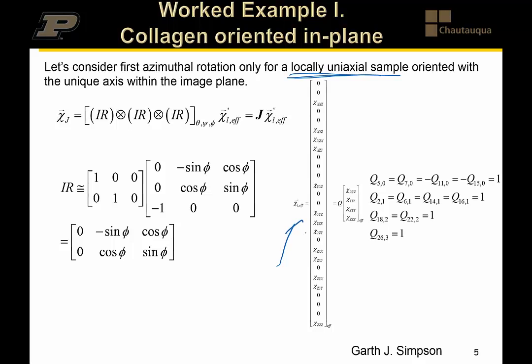So there's 27 possible, and I'll go through this quickly because this is really the topic of a different lecture. If we have local uniaxial symmetry, these are the full set of all non-zero tensor elements, and of course we can relate those back to the 4 unique ones through a symmetry matrix Q. How do we populate that symmetry matrix?